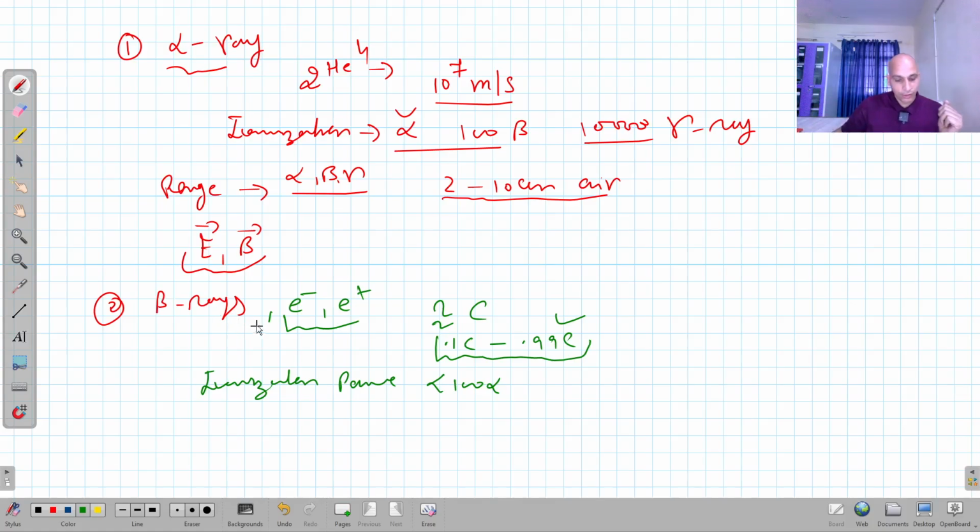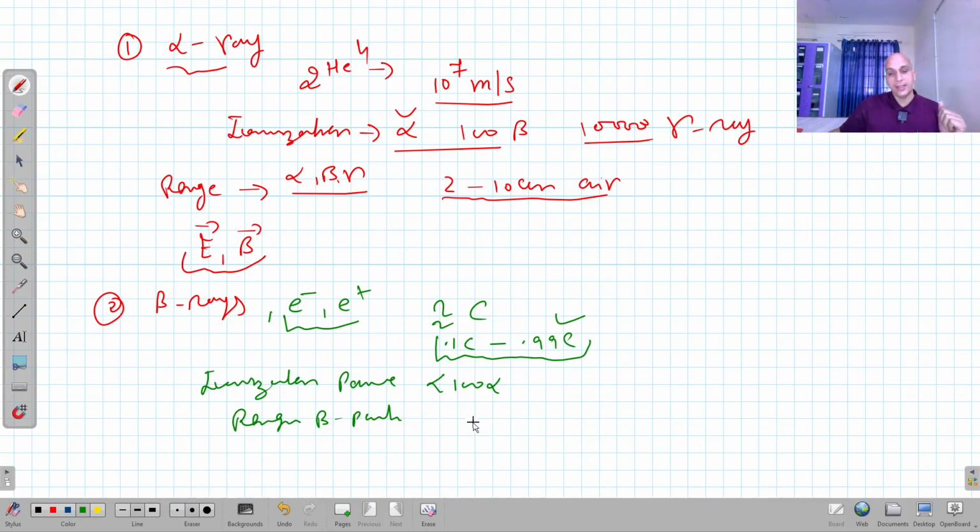As far as the range of beta particle is concerned, beta particle has high range as compared to alpha particle, right? Because they are fast moving and their size is small, they can travel large distance in the medium.